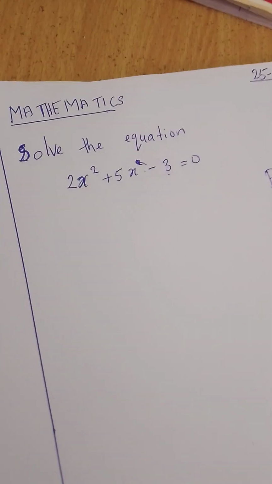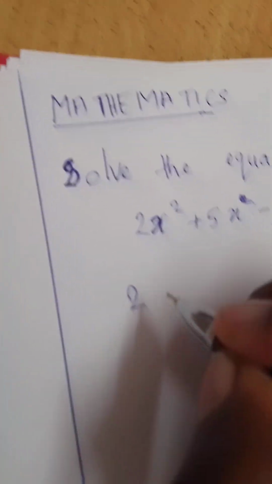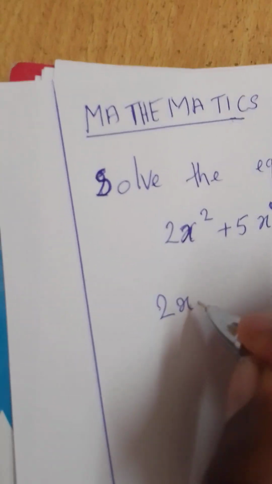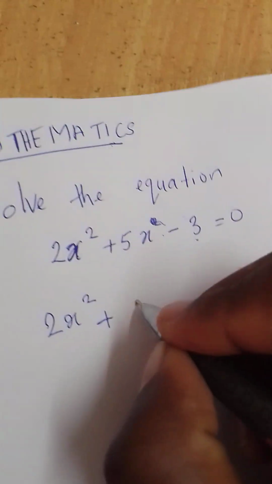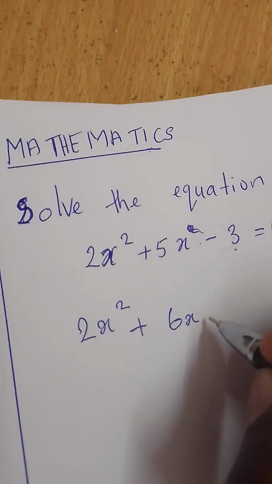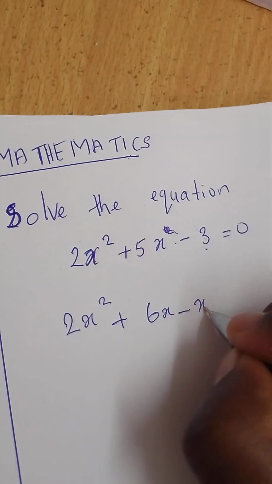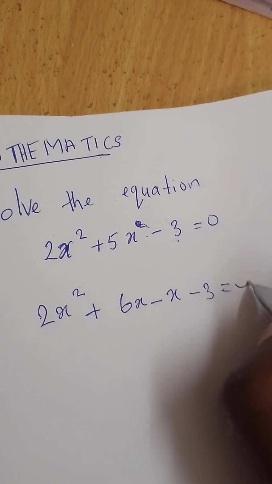Let's now apply it in our equation. We will write our equation like 2x squared, we put the factors, plus 6x minus x minus 3 equals to 0.